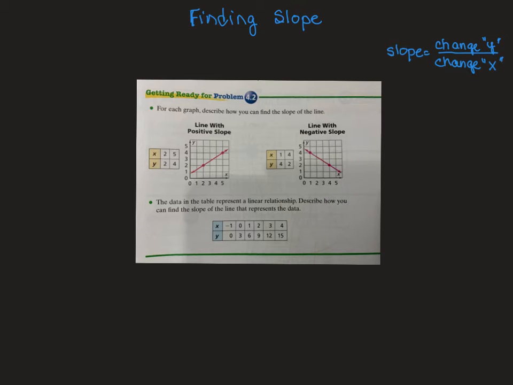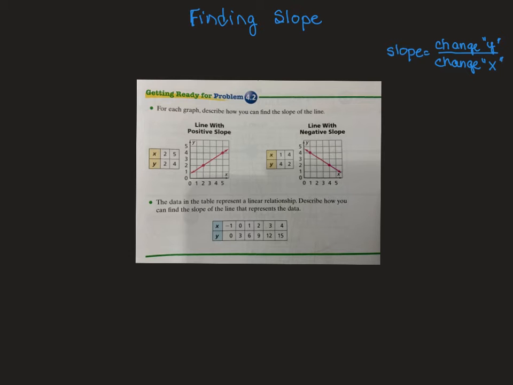If x is increasing by 1 and y is increasing by 1, I'm not going up nearly as fast as when x increases by 1 and y increases by 2 or 2.5. I'm moving that line up much quicker, and so the slope is much steeper.